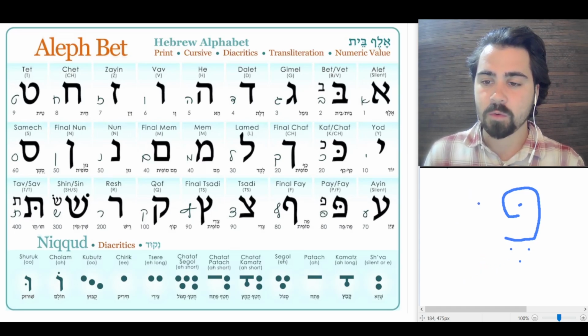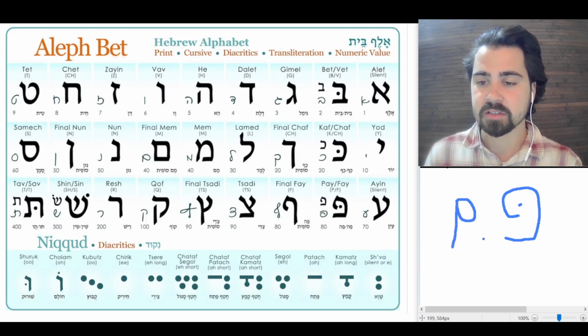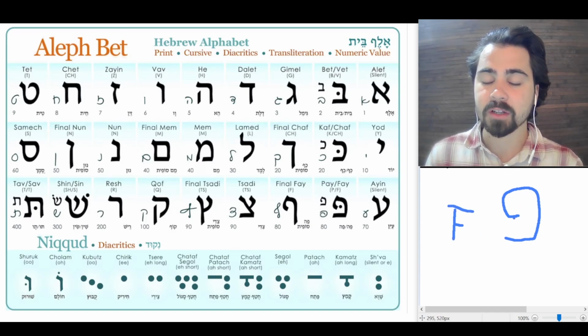Okay, now so we said this is p sound, without a dot is f, and without the dot we have a final form.